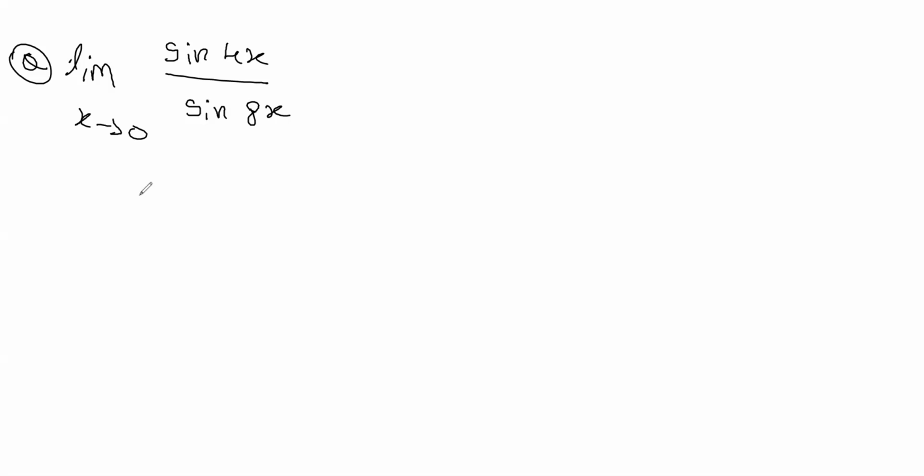So how do we do this? This is in the sine limits. Whenever there is a sine or cos, there is a standard form. Always you have to get sine x by x forms. If it is sine ax, it should be in ax, that is the main thing. The angle should be the same.